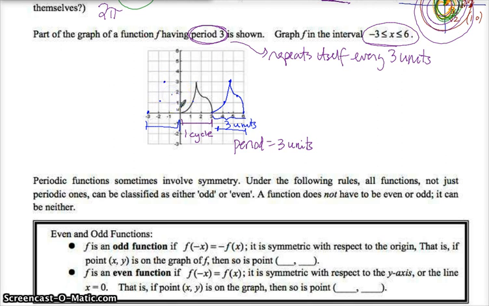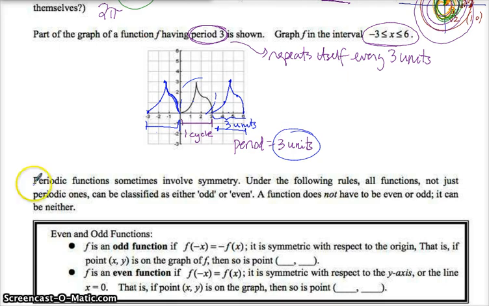I get down around here and end here. So I have to curve up like an exponential, come out, flatten it out, and you're just doing your best to try to make it look like this right here. So here are 3 cycles of this function that's periodic, meaning it repeats itself every 3 units if it has a period of 3 units.